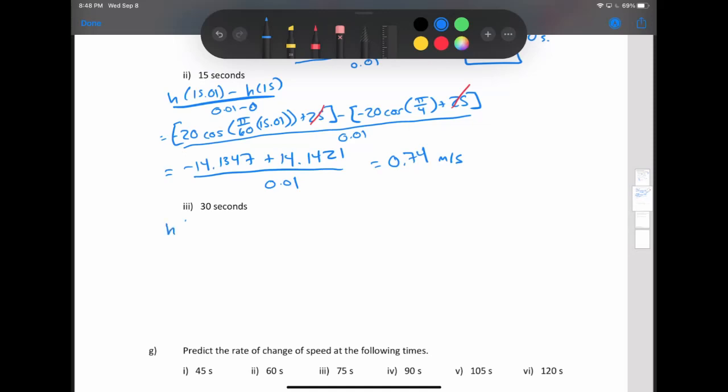So we have height at 30.01 minus height at 30, over 0.01 minus 0. Plug in the 30.01.